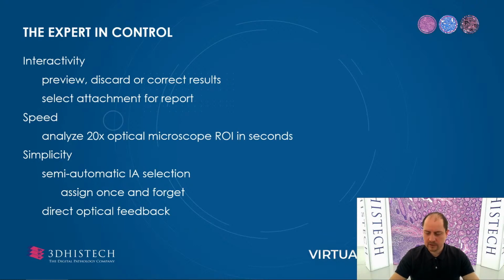So on next using a similarly stained slide, the same image analysis module is automatically offered. So by this, we could eliminate a repetitive work step. But there is also the option to override with one click.